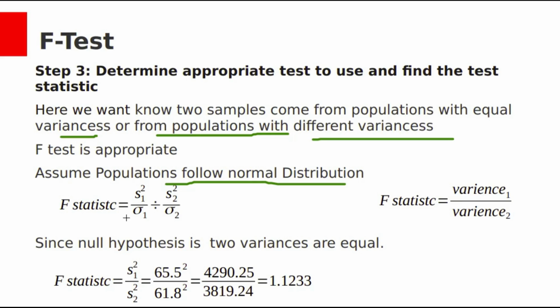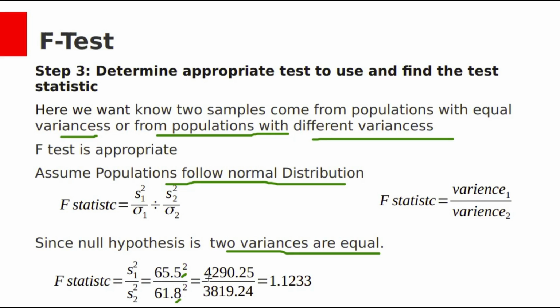The F statistic formula is (S1 square by sigma 1) divided by (S2 square by sigma 2). Since the null hypothesis is that the two variances are equal, the F statistic will be S1 square by S2 square. Then substitute the first batch standard deviation S1 and second batch standard deviation S2.